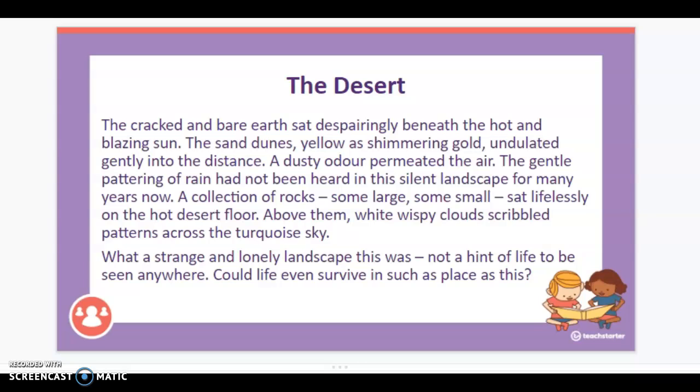A collection of rocks, some large, some small, sat lifelessly on the hot desert floor. Above them, white wispy clouds scribbled patterns across the turquoise sky. What a strange and lonely landscape this was. Not a hint of life to be seen anywhere. Could life even survive in such a place as this?